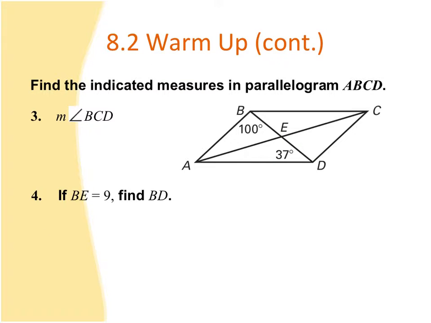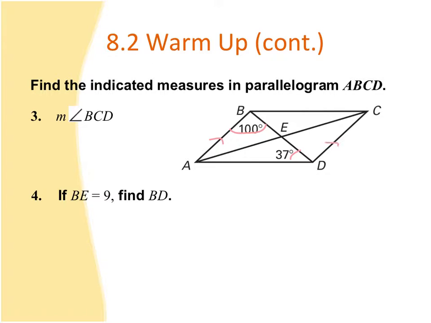Okay, now it says find the indicated measures in parallelogram ABCD. So again, it should either be marked that it's a parallelogram or state that it's a parallelogram. This time it says it in the directions. So angle BCD. The only thing that you're given are angle B and angle D. So what else can I get from that? Nick. Look at the alternate interior angles.